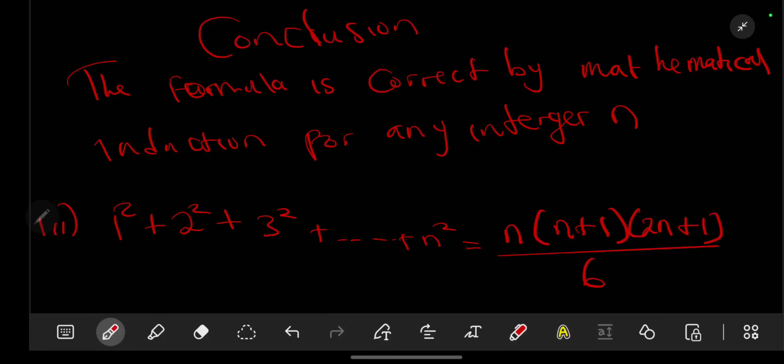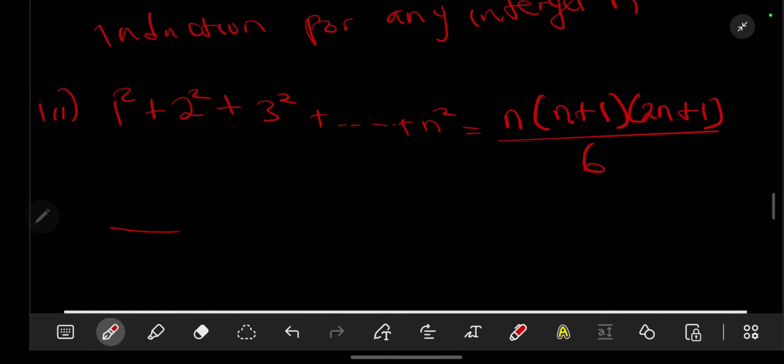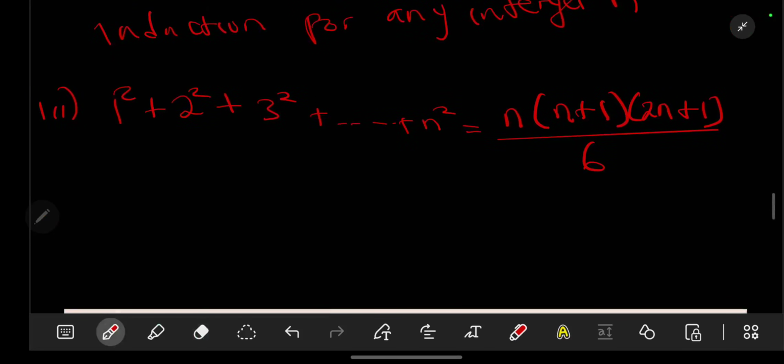Then what are we going to do from here? So we are going to begin with our inductive step as usual.